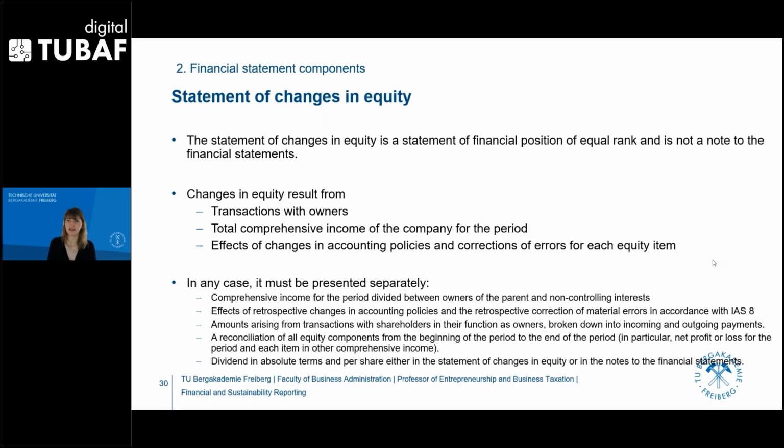So we can see here the increase or decrease in equity itself. So it's more information when it is part of the balance sheet, where we also disclose the amount of equity. And then you can see here also as additional information what has to be presented separately in any case in the statement of change in equity, for example, with regard to the comprehensive income.